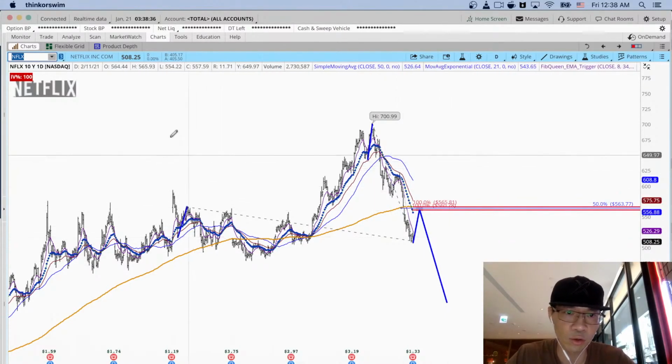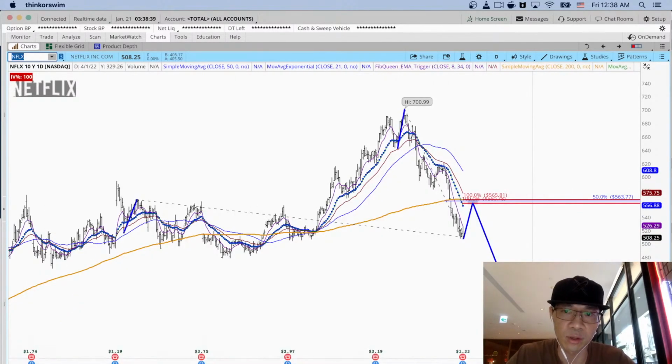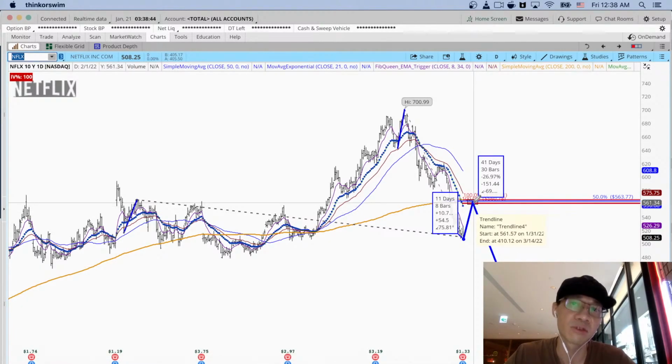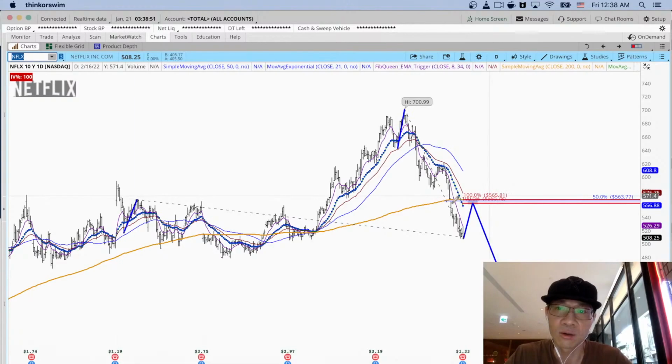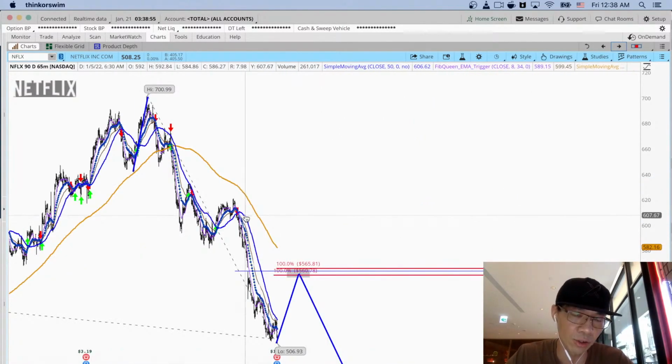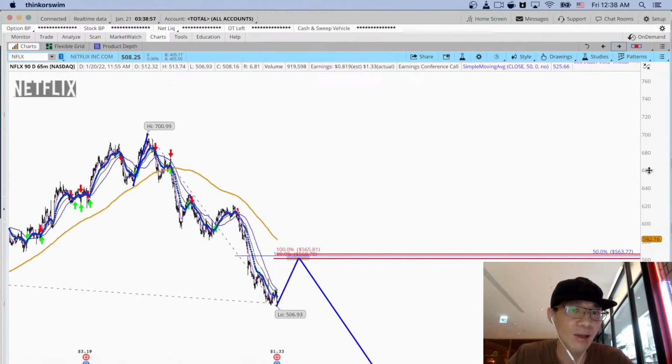Over here, I'm looking for a short opportunity, looking for symmetry resistance, and also Fibonacci retracements that match up with that cluster of symmetry resistance in conjunction with some 200 moving averages on the daily chart as well as the hourly chart.